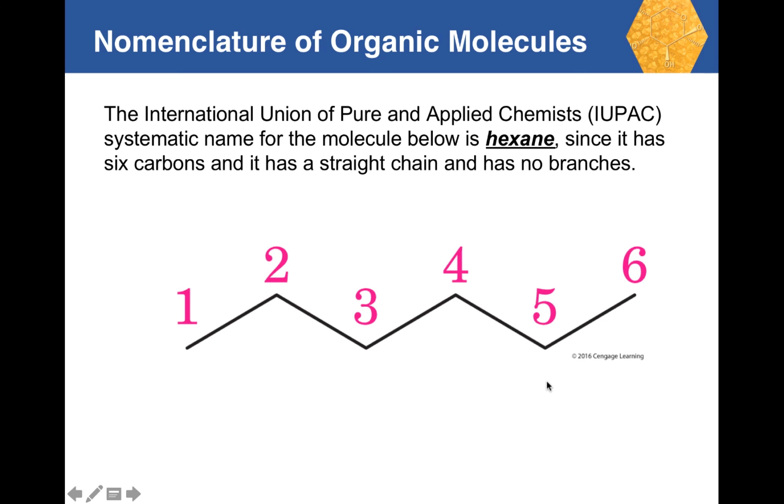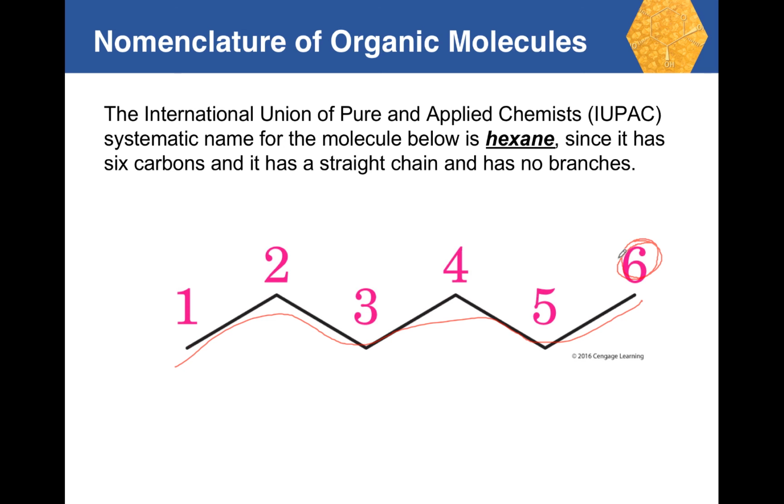So let us see if we can apply this. So here is a molecule. It has 1, 2, 3, 4, 5, 6 carbons. 6 carbons. Right? And it's a hydrocarbon. It's a straight chain. It has 6 carbons.